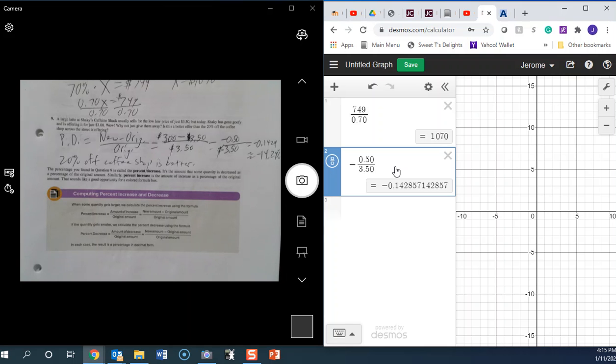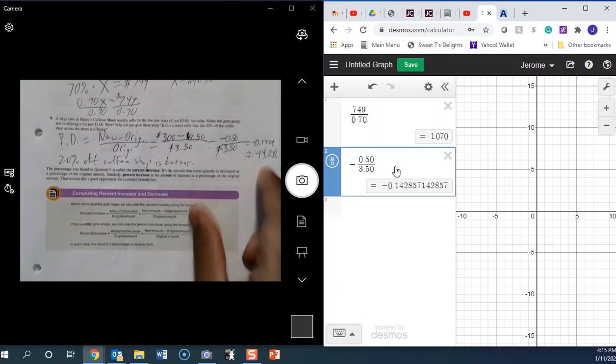But when you write out a statement for this problem, you don't say that it's a negative when it's supposed to be decreasing. You're supposed to say that it went down and then give a positive value. So like me saying that it went down by 14.29%, you would know what I mean.